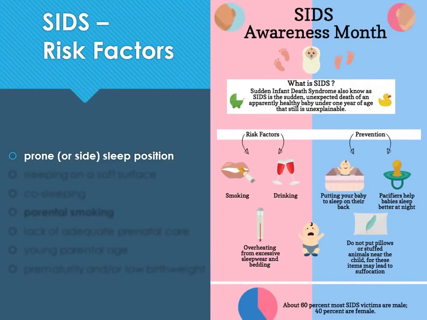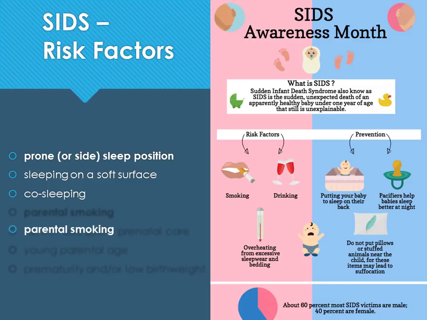The risk factors, the biggest one is placing a baby on their stomach or prone for sleeping, or on their side. Putting an infant to sleep on a soft surface. The mattresses that we use in infant cribs should be firm. Co-sleeping, so sharing a bed with a baby.